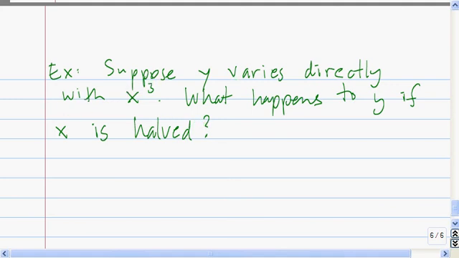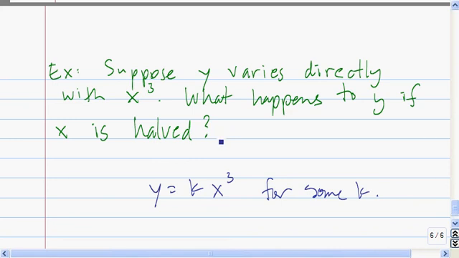So this is telling us that y varies directly with x cubed means y equals k times x cubed for some k. And we're not given any information, so there's nothing that's going to allow us to actually find out what k equals.